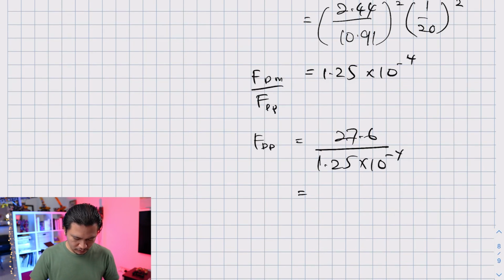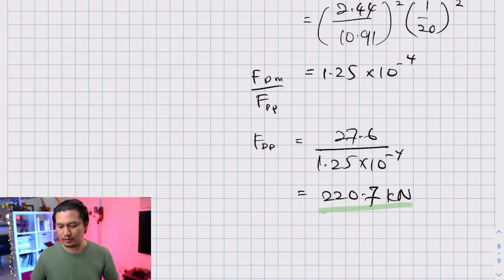And this gives you 220.7 kilonewton. And 220.7 kilonewton is really big. And it makes sense because the length of the actual prototype vessel is going to be 20 times longer than the length of the model that you are testing now. So of course, the drag is going to be higher for the prototype.